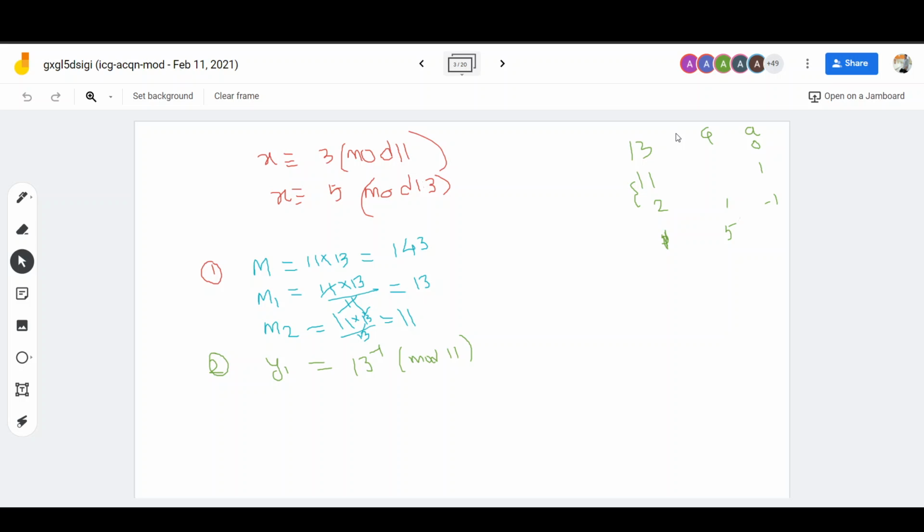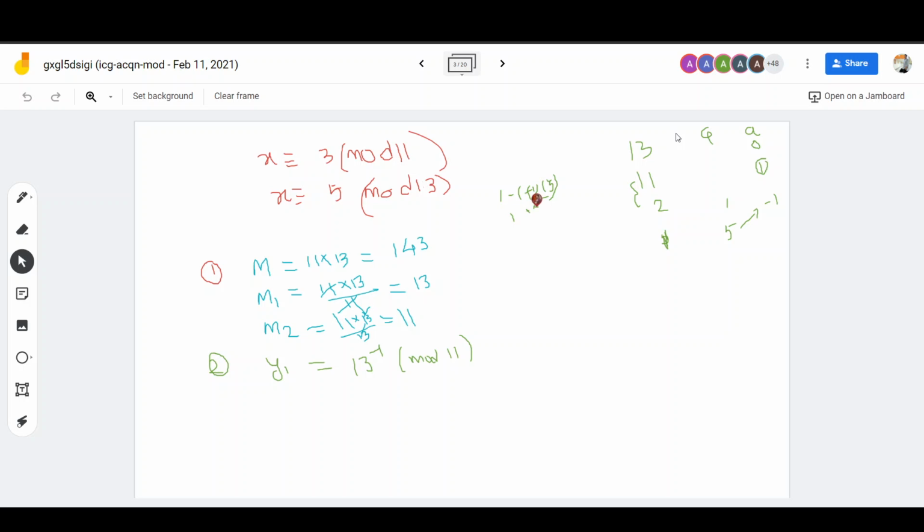The corresponding value is 1 minus (-1 into 5), which is 1 plus 5.